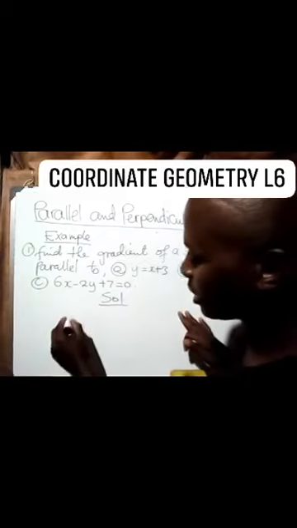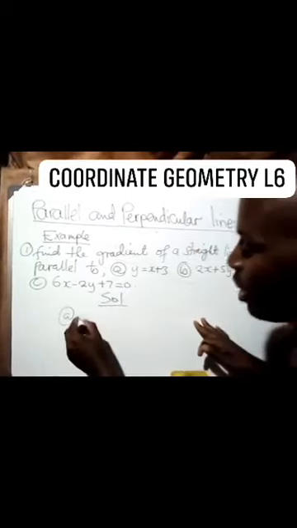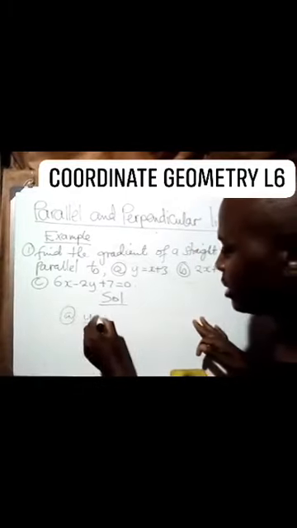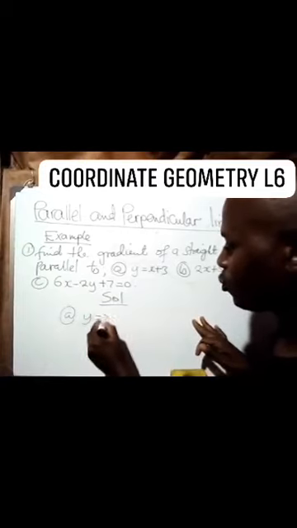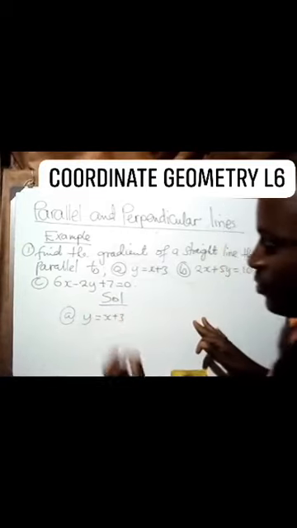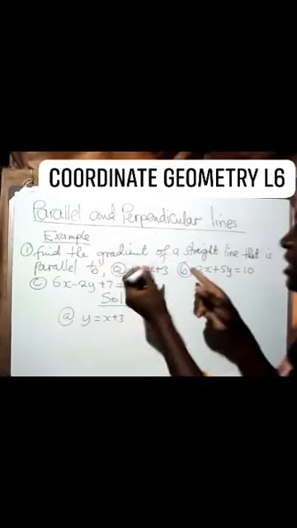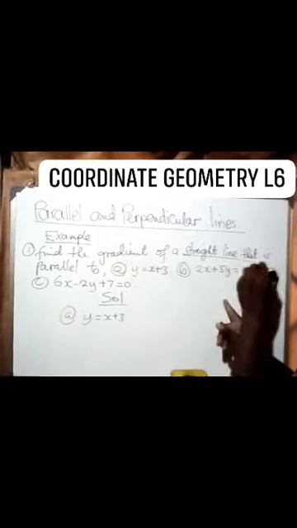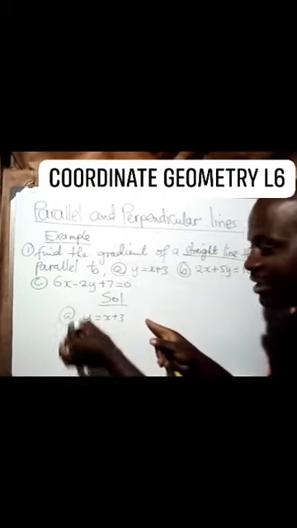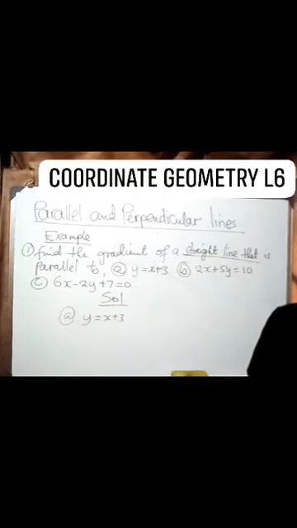We'll start with question number A, which is y is equal to x plus 3. Now, there is a straight line which is parallel to this equation of the straight line.